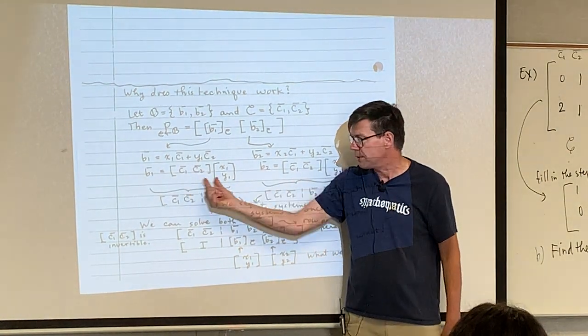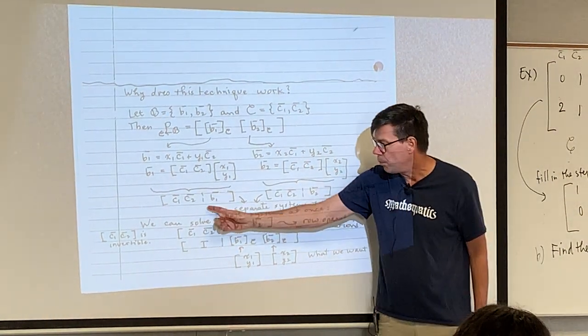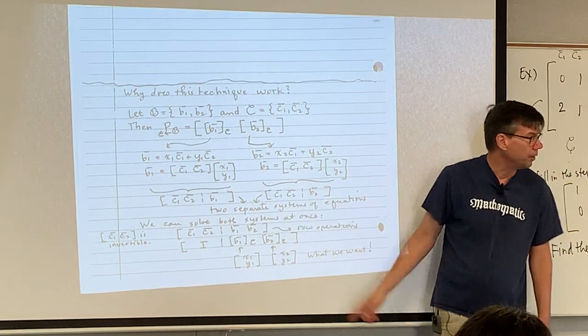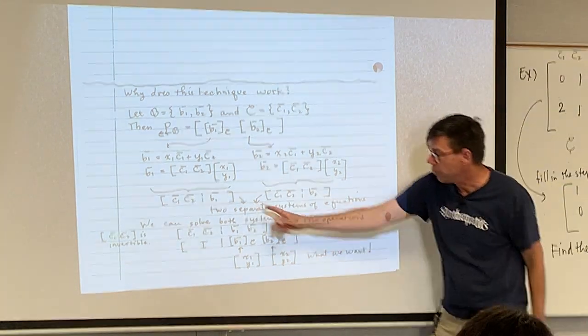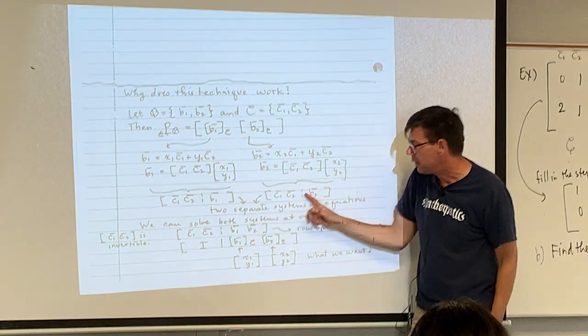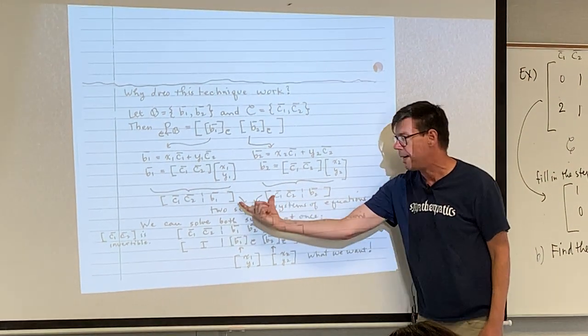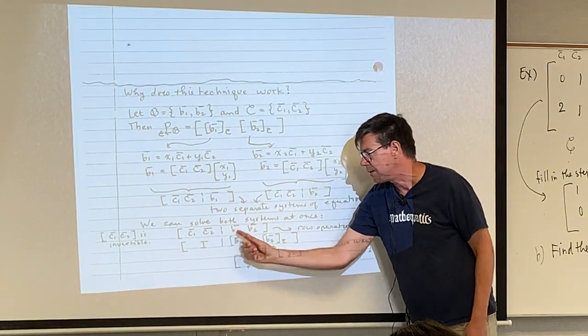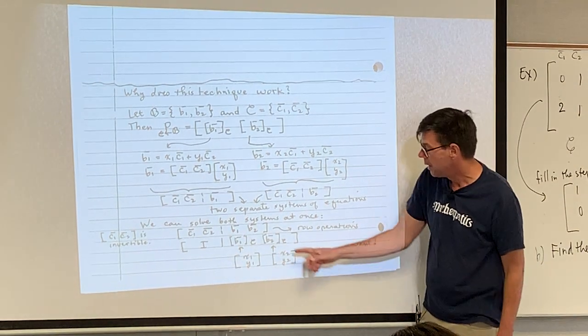Remember, this is a matrix times a column vector, and a matrix times a column vector. We could have solved each of those separately. In other words, we could have written this down as two separate matrix equation problems. But because we're doing exactly the same steps, we combine these two systems into a single calculation.